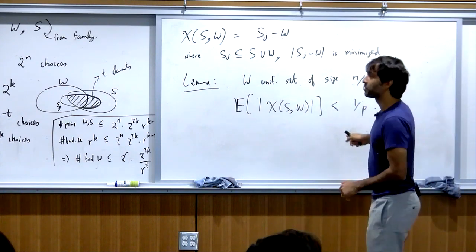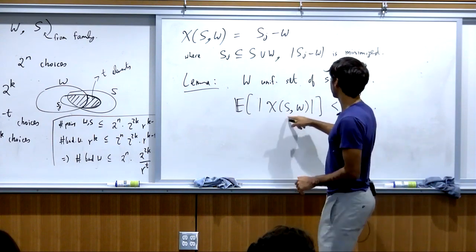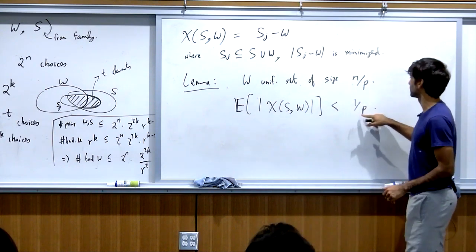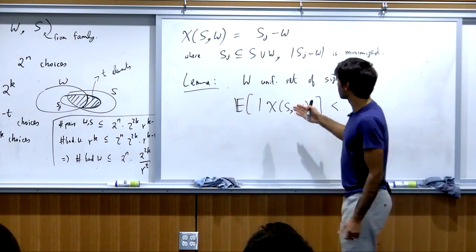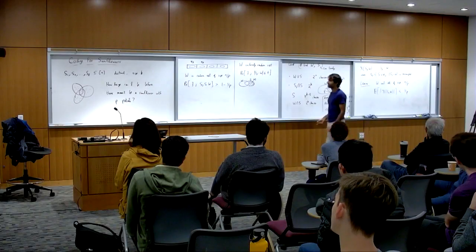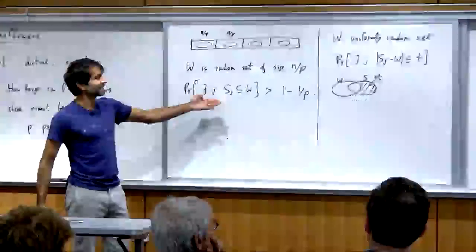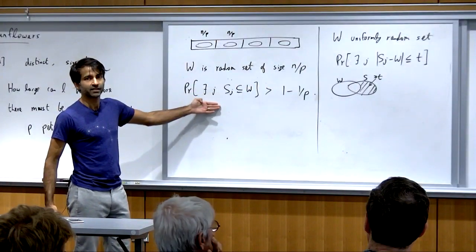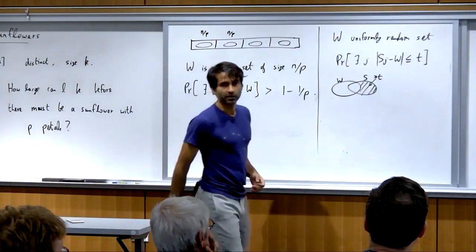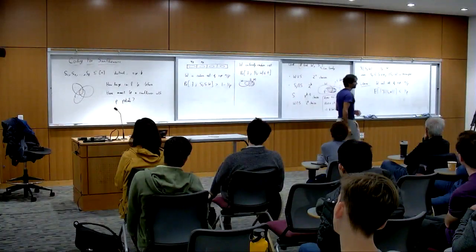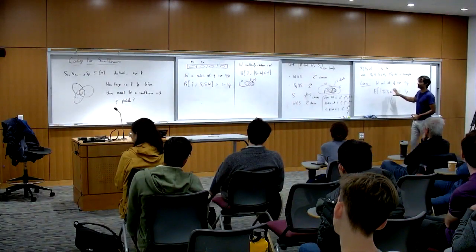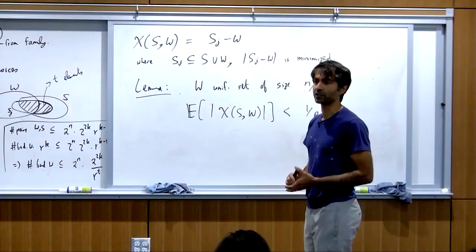And then you can see just by Markov's inequality that if you can show that the expected value of this thing is at most 1 over p, it means that the probability that that quantity is at least 1, that's exactly this probability, is at most 1 minus 1 over p. So this bound just implies that bound in the probability.